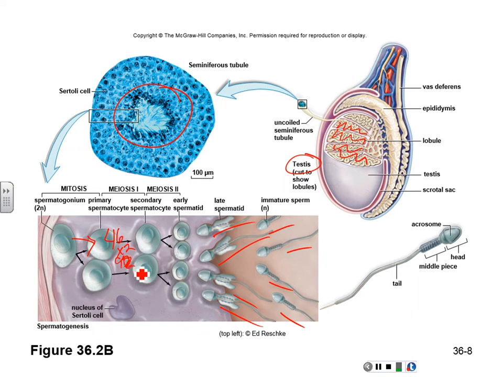So we go from 46 to 92, then we go 46, 46, then we go 23, 23, 23, 23, and we end up with 4 sperm. So it's a much more complicated process than we think. So this right here is happening in every little section of all of these tubes, which is why men can produce millions and millions of sperm in their lifetime.